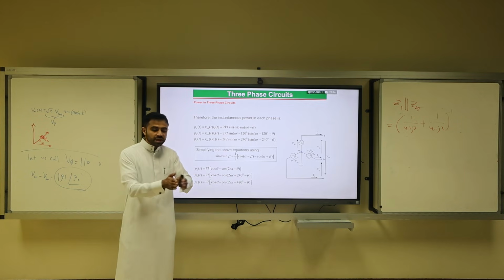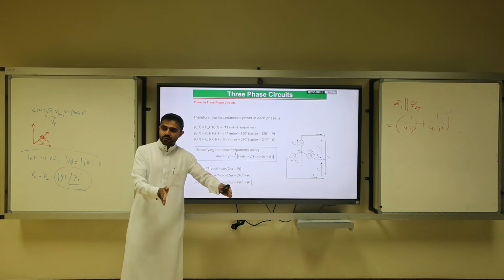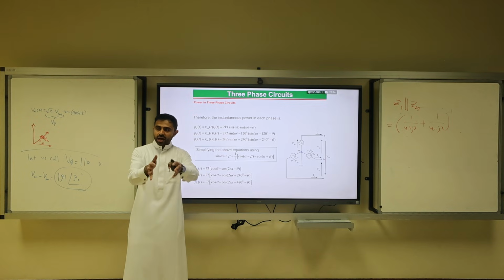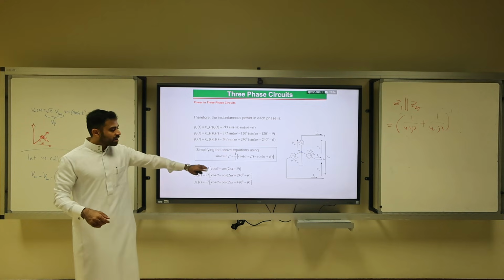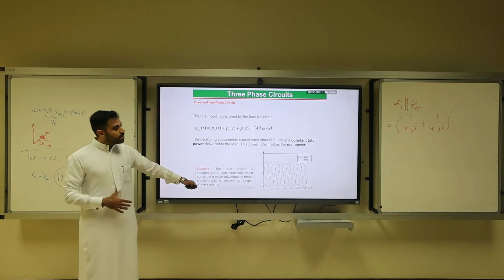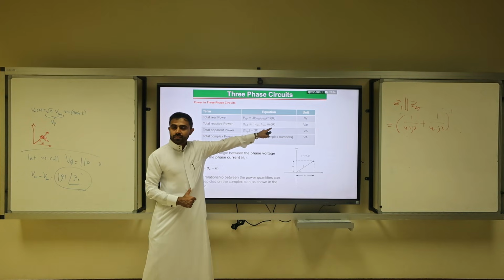So this term would be expanded into two other terms, sine and cosine. If you remember, cosine of 2 alpha would equal something like cosine squared minus sine squared, but I'm not going to show it. You can find it later in the textbook. But that's why we get the total reactive power to be sine.